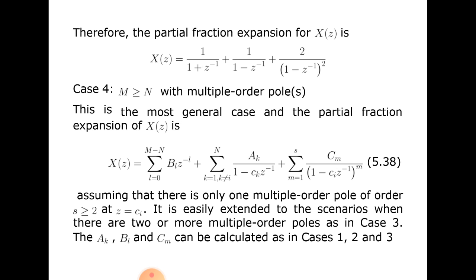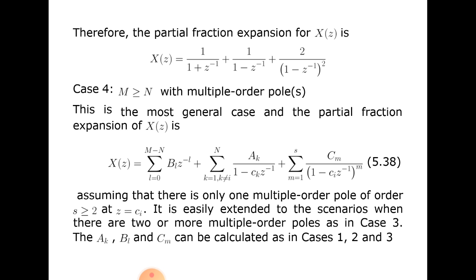This is the most general case, and the partial fraction expansion of X(z) is equal to the summation i equal to 0 to m minus 1 of B_i z^-i, plus the summation k equal to 1, k not equal to i, to n of A_k divided by (1 minus c_k z^-1), plus the summation m equal to 1 to s of C_m divided by (1 minus c_i z^-1) the whole power m, assuming that there is only one multiple order pole of order s greater than or equal to 2 at z equal to c.